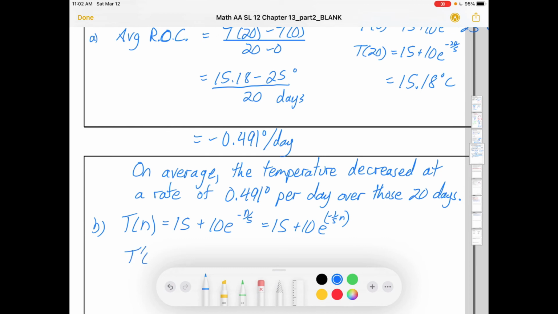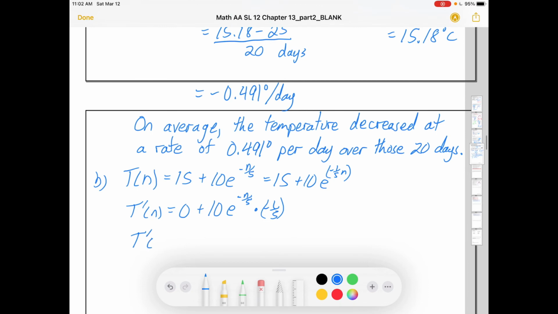When we differentiate, that 15 goes to 0. The 10 e to the negative n over 5 stays, times the derivative, which would be negative 1/5. So what we get is this. T prime of n is negative 2 e to the negative n over 5.